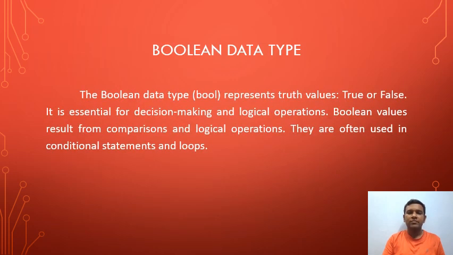Boolean data type. The Boolean data type represents truth values, whether the given statement is true or false. It is essential for decision making and logical operations. Boolean values result from comparison and logical operations. They are often used in conditional statements and loops.